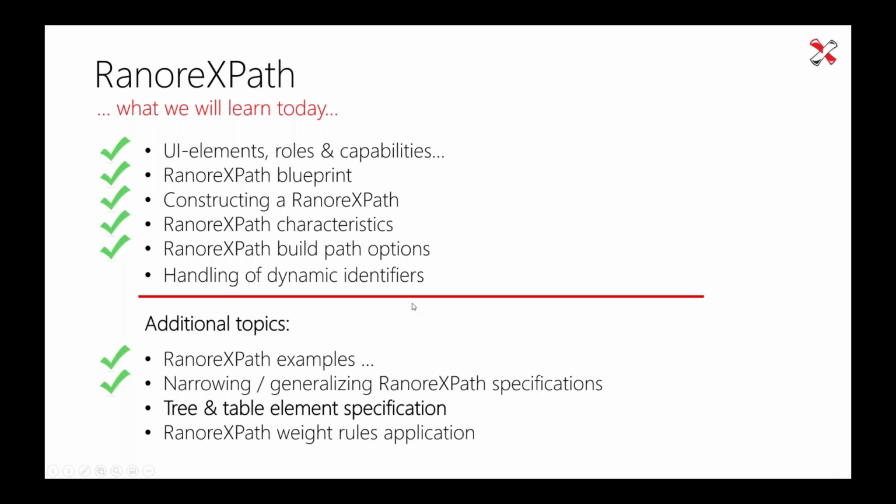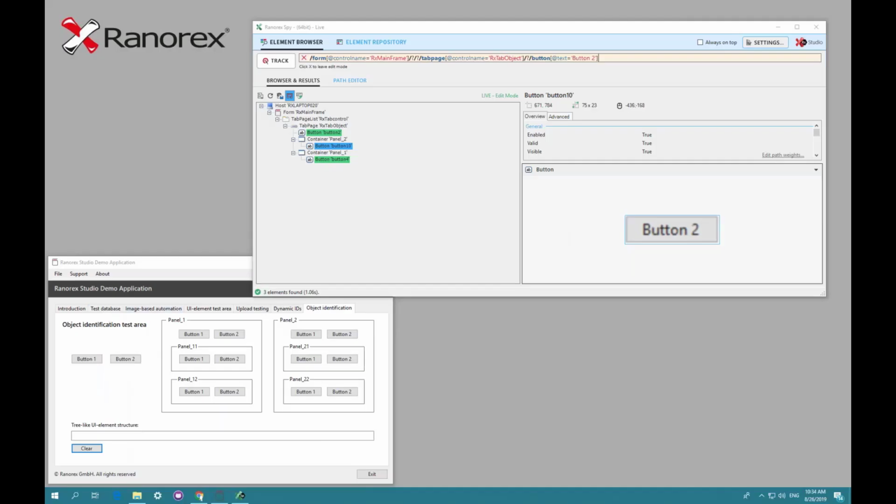And I also already showed you the RanoreXPath build path options, configuring the threshold, and I showed you how to narrow and generalize RanoreXPath specification. Now let's have a look at some tree and table element specifications. So this is what I would like to show you now.